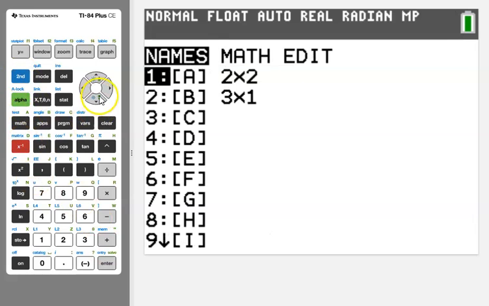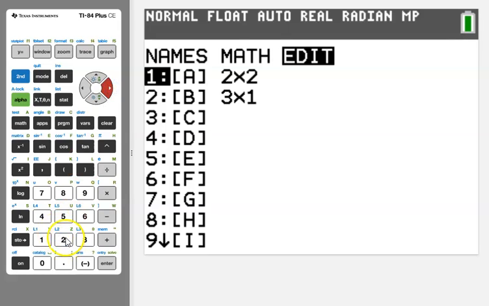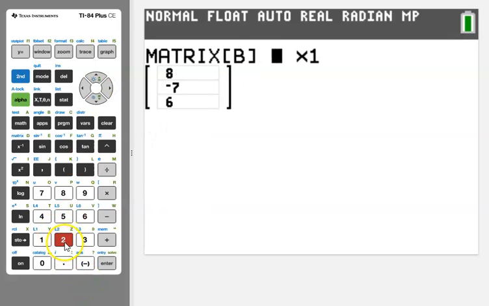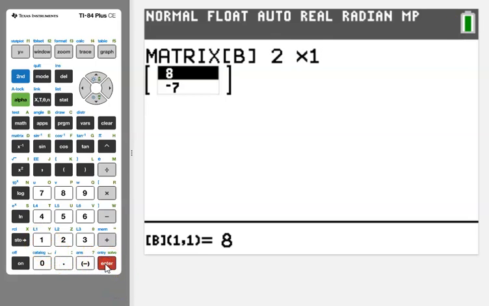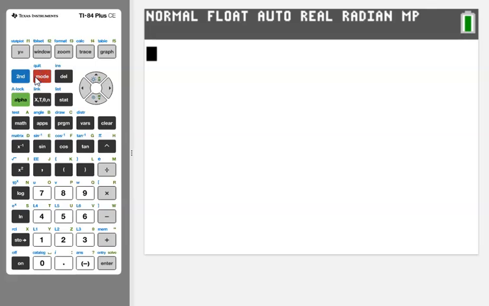Second matrix, edit 2 is matrix B. This is a 2 by 1 because it has 2 rows and 1 column. Let's go down to the matrix and put in the numbers, negative 3, enter, and 7, enter. All right, second mode. Now I'm going to show you something that's not in your handout.